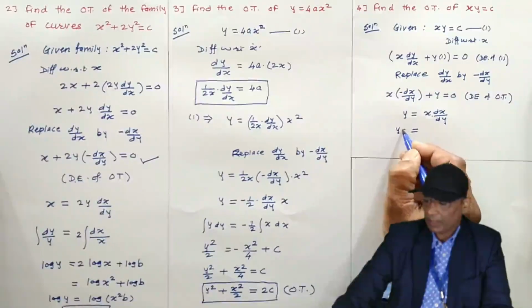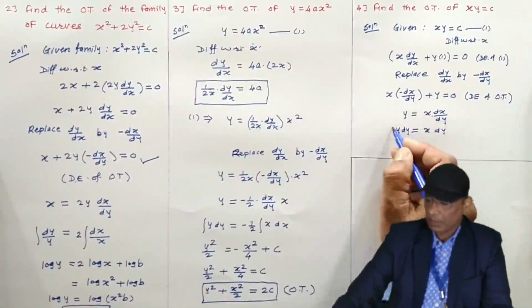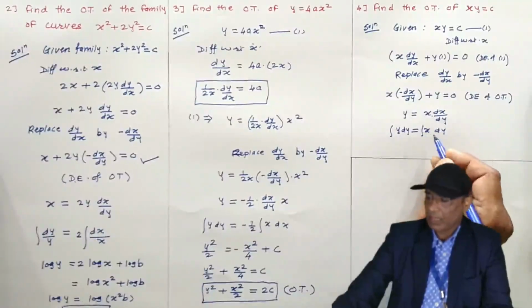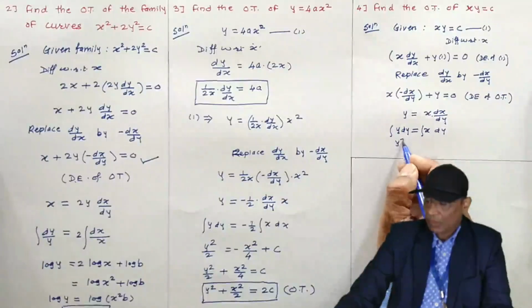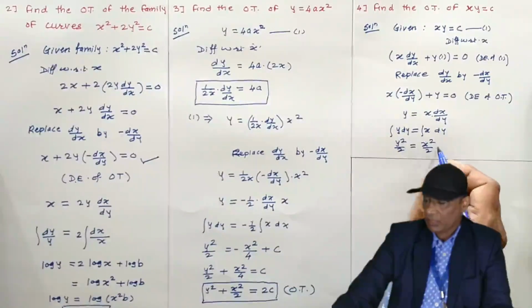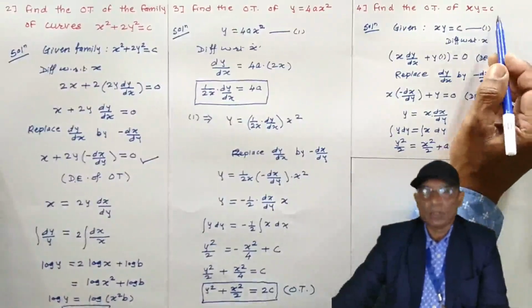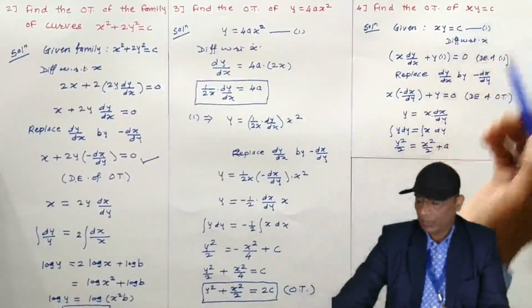Then separate variables. When you separate variables, dy and dx should be kept in the numerator. Integration of y is y square by 2, integration of x is x square by 2, and the integration constant a I am putting, because c has already been used here as the arbitrary constant.